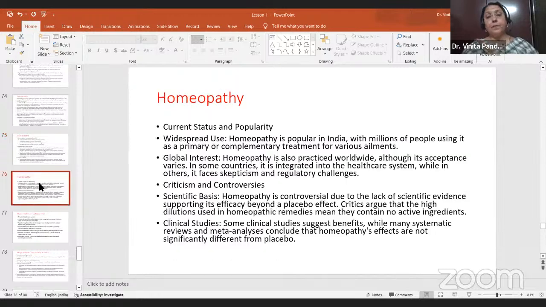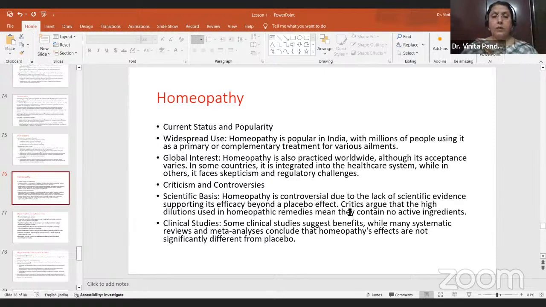And people who are residing in Hyderabad, you might be familiar that in Ramanthapur there is a very big government hospital of homeopathy. So when you talk about the current status, homeopathy is becoming very, very popular in India, my dear friends.